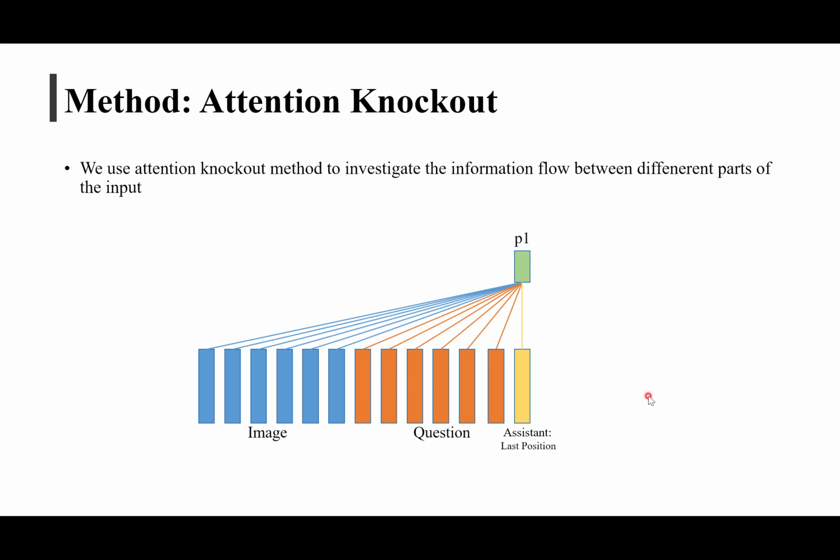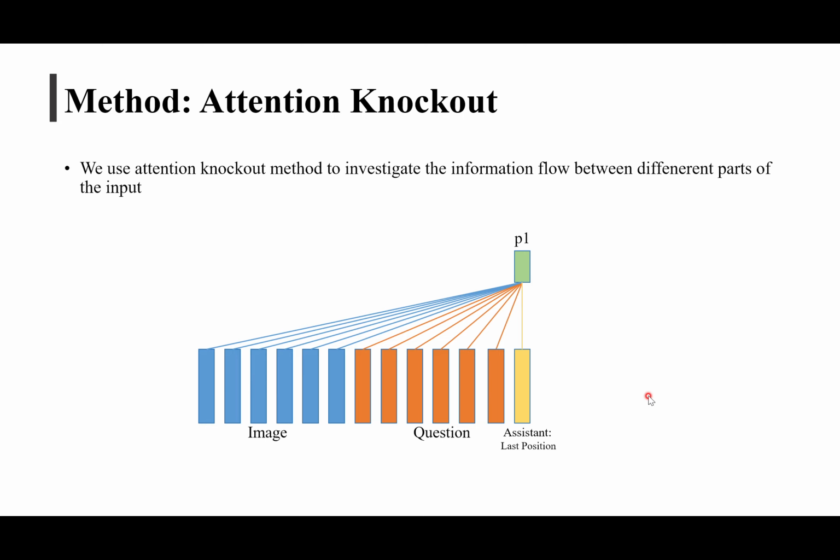The method we use is attention blocking, because we want to see the interaction between different tokens. For a transformer-based architecture, the only module that allows interaction between different tokens is attention.